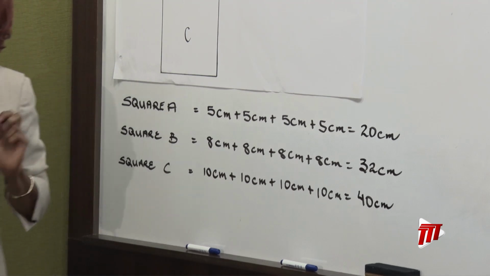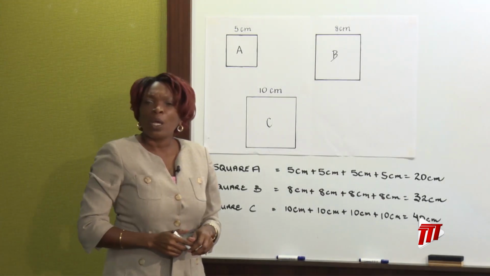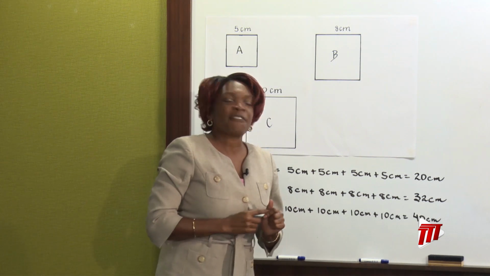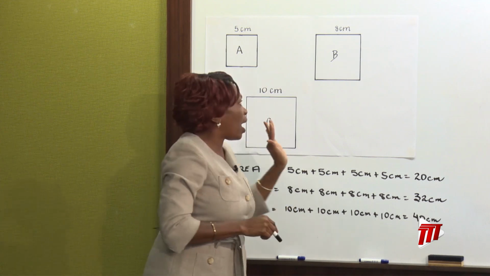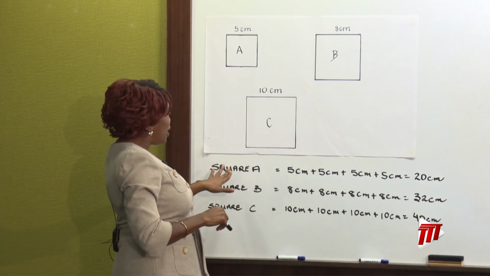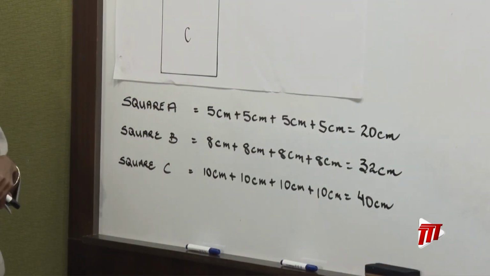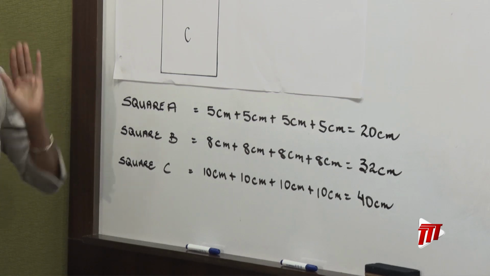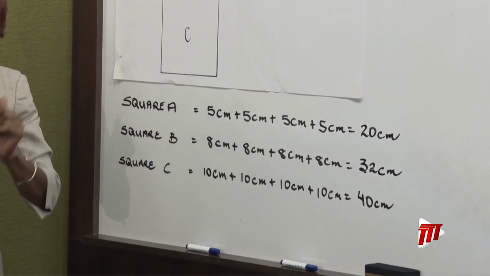Wonderful job. Excellent. Question: what if I were to find the perimeter of these squares without adding like this? I already know the perimeter of square A is 20 centimeters, the perimeter of square B is 32 centimeters, the perimeter of square C is 40 centimeters by adding the 4 lengths.